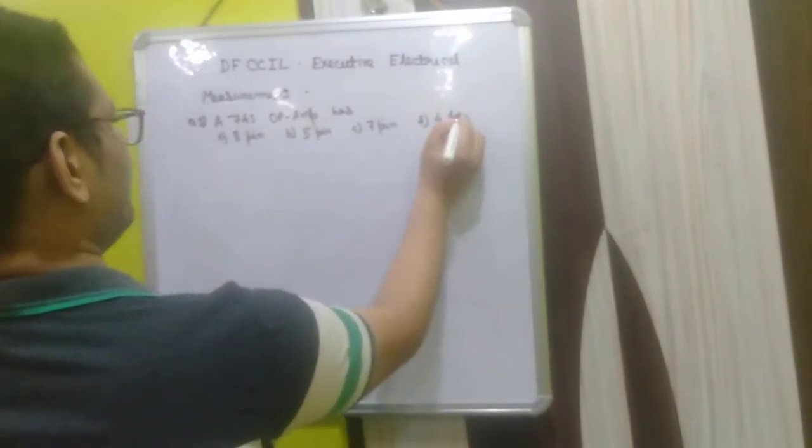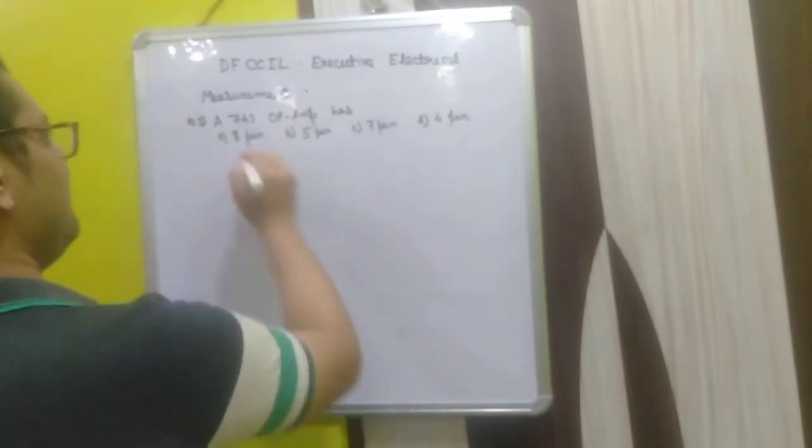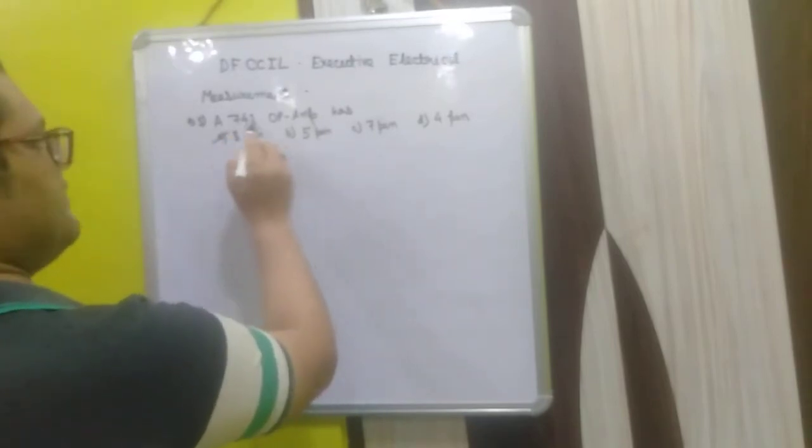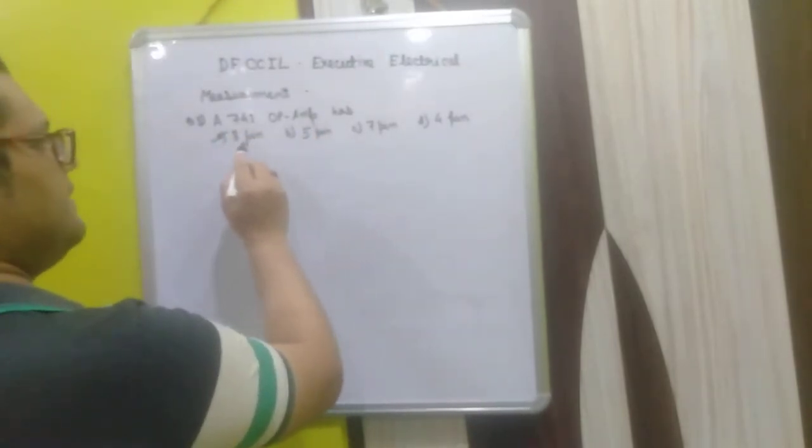We know that an op-amp has how many pins? That is a very easy basic question: the 741 op-amp has 8 pins.